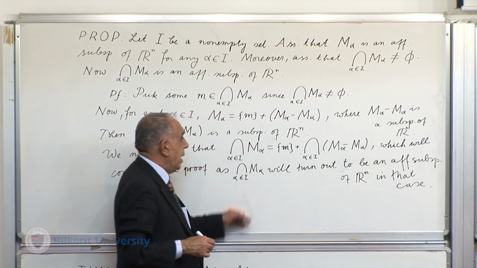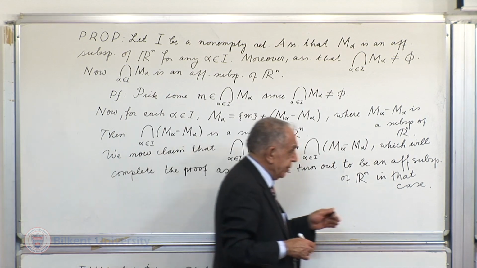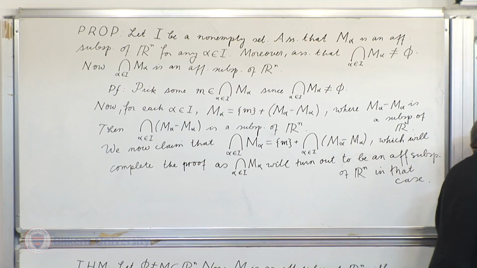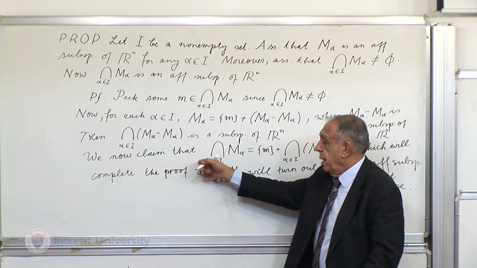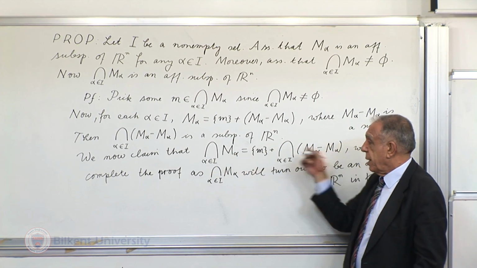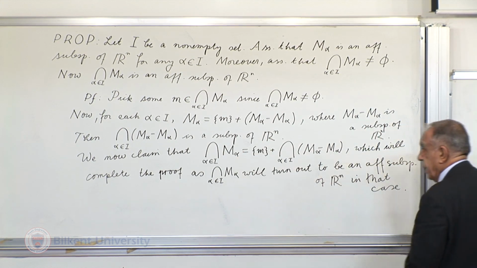Okay, let's then show that this holds to complete the proof. It's a set equality. We need to show that this intersection is contained in here, and then the opposite inclusion.